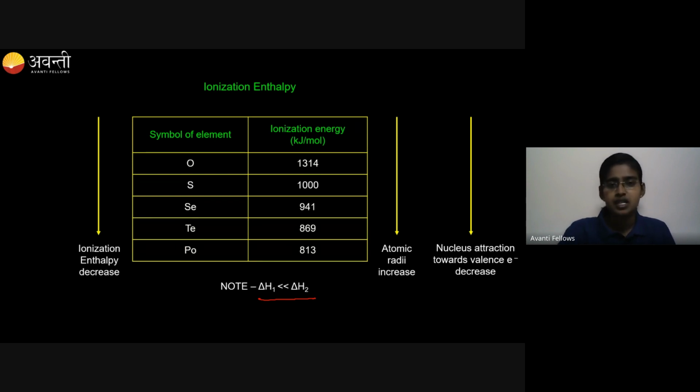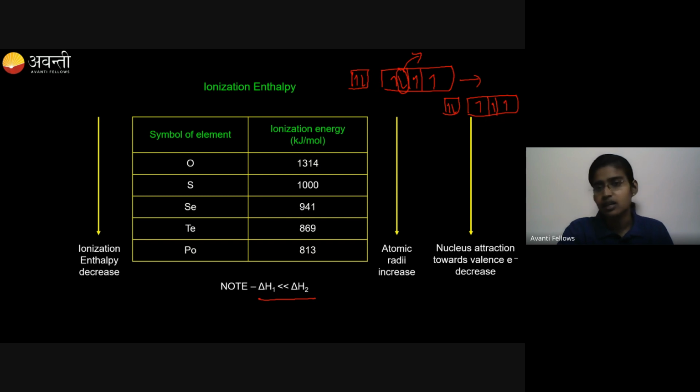The configuration is ns2 np4, right? If I am removing this electron by giving delta H1, what type of configuration will I get? I will get ns2 np3, right? Now this is half filled. The energy required to remove the second electron is very, very high because it is in the half filled configuration, which is stable.